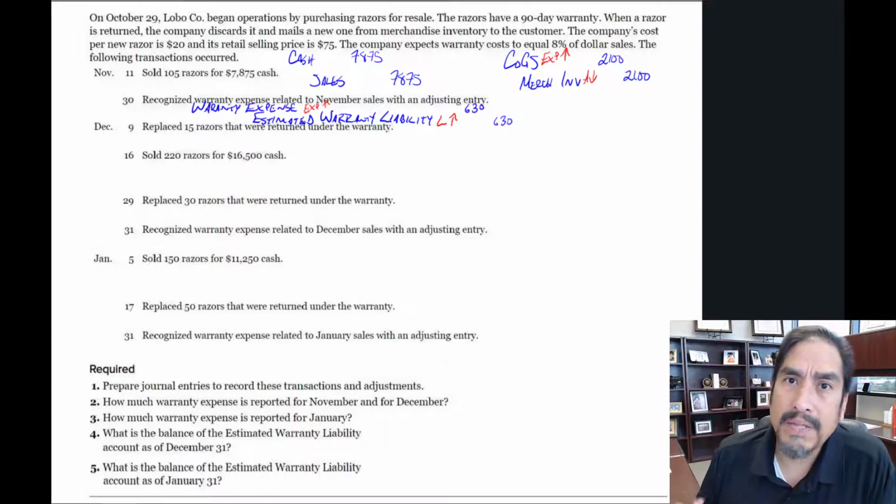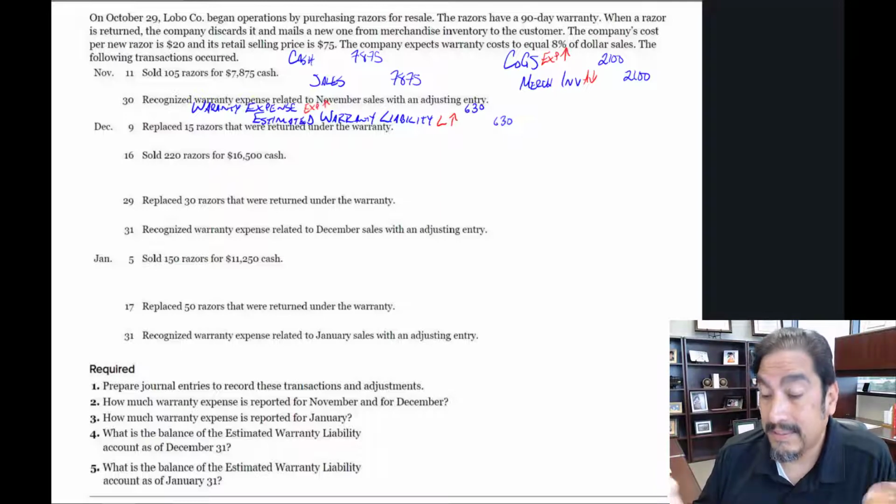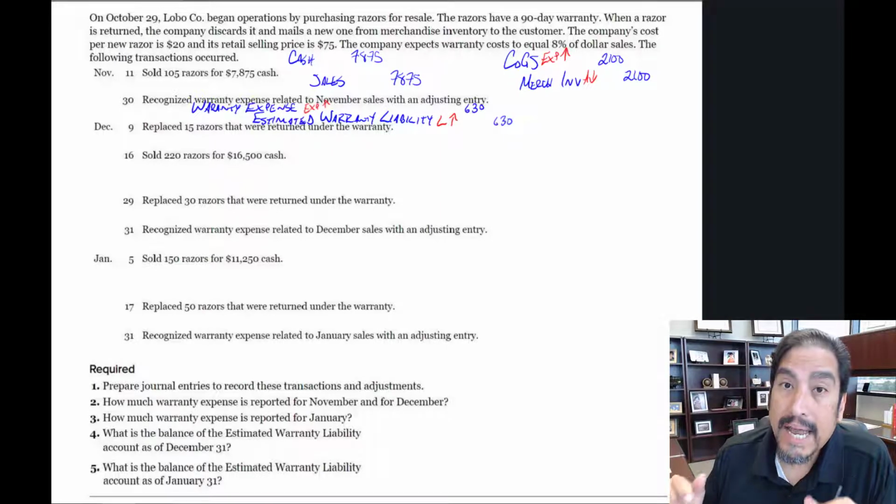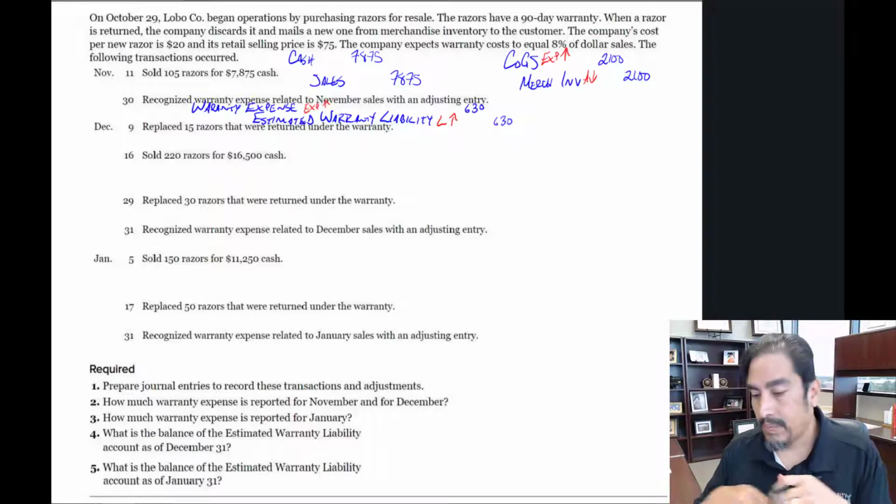It's just a place to hold this $630 that we have pre-expensed in anticipation of some of the razors, some of the November sales, some of the razors we sold in November turning out to be bad.